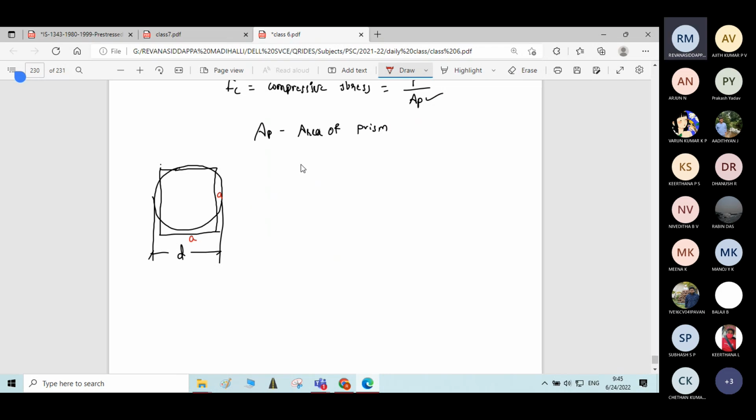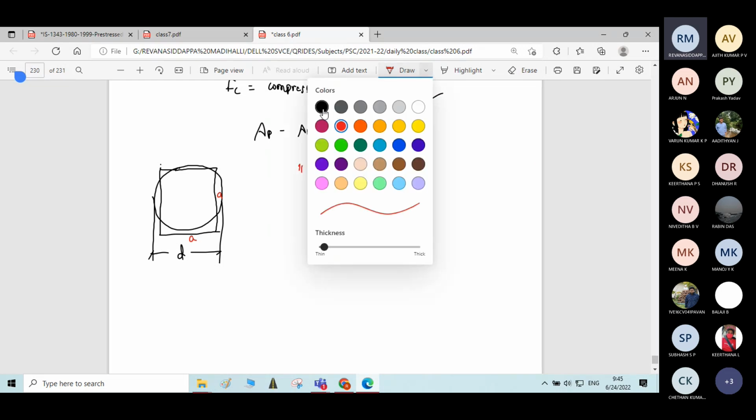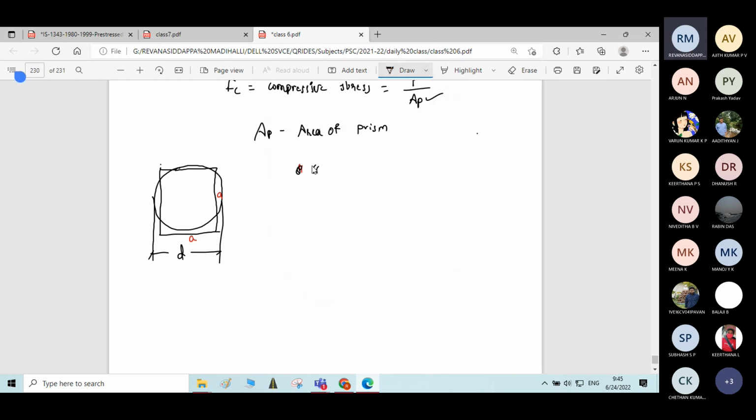You need to equate the area of the square to the area of the circle. Area of the circle is pi D square by 4, and area of the square is a square. Therefore, a is equal to root of pi D square by 4.